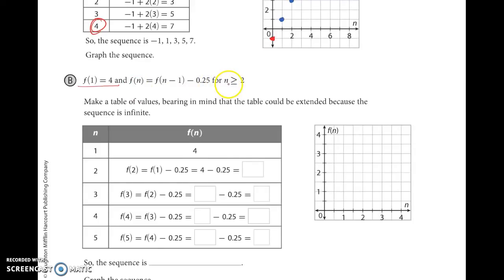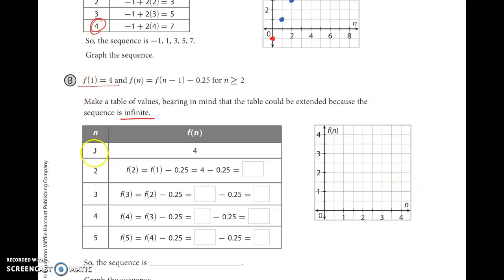We're going to do this for when n is greater than or equal to 2. Just so you know, n is greater than or equal to 2 for infinitely many numbers, right? It says make a table of values, bearing in mind that the table could be extended because this is infinite. So I could go to 6, 7, 8, but my graph here will not allow that.